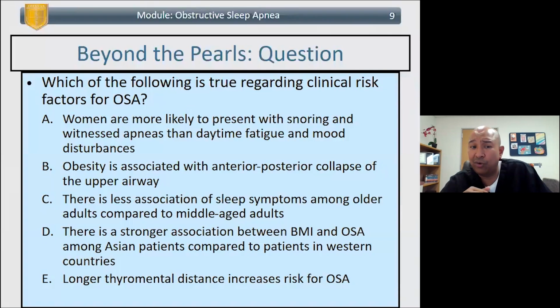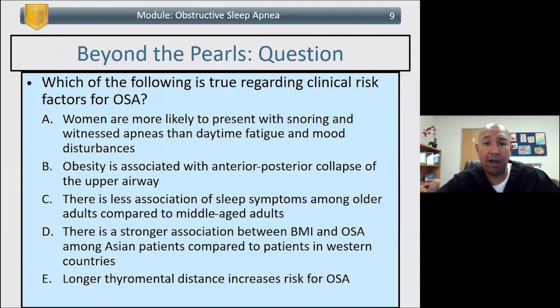But let me go through the other ones, because it happens all the time. You don't want to pick something before you read all the options. D: There is a stronger association between body mass index and obstructive sleep apnea among Asian patients compared to Western countries. I'm going to go wrong on that.